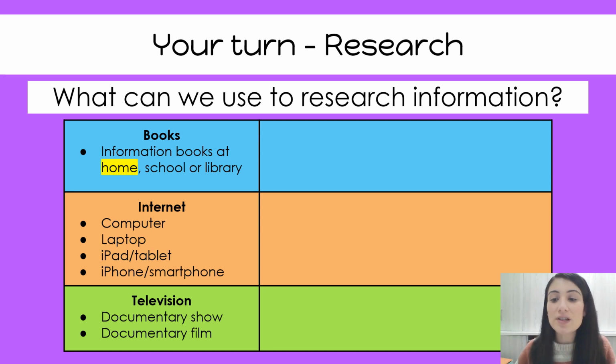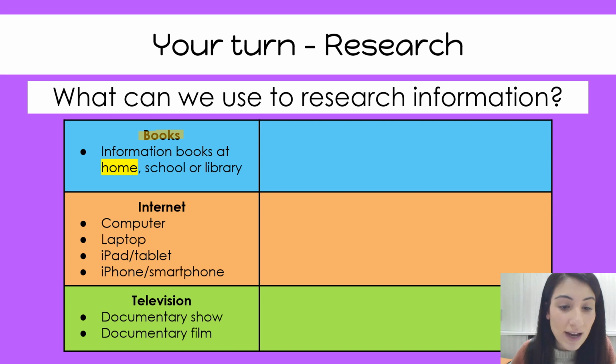But I just wanted to make sure we all know that there are different ways that we can conduct research. And one of the ways is through books. We can learn a lot from books, and some of you probably remember some information books that we have at school, in the library, or that you might even have at home.